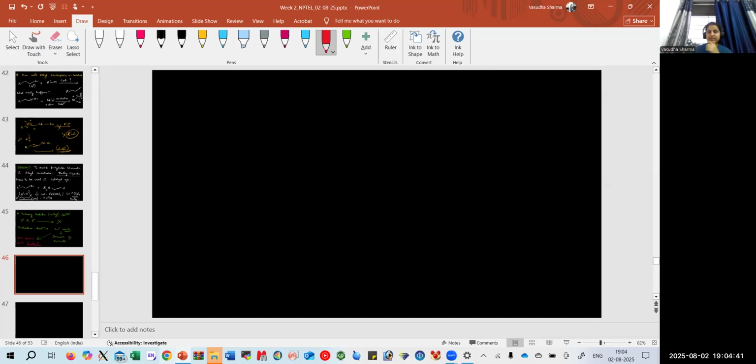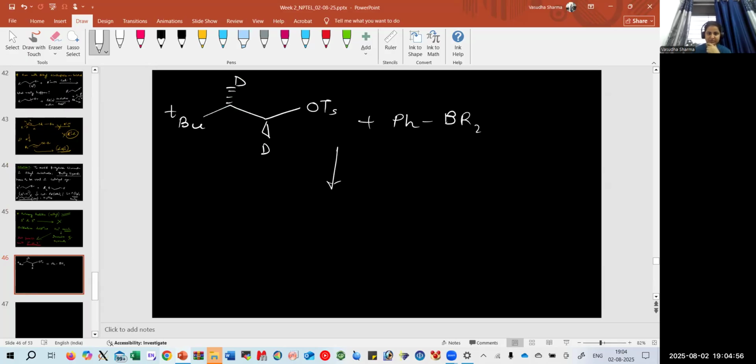So firstly, to prove whether it is SN2 or not, what we did, we have a substrate where we have made it a chiral deuterated version, and we treated it with boron precursor in presence of palladium 0 catalyst and PR3, NaOH, heating. This is a Suzuki reaction, right?